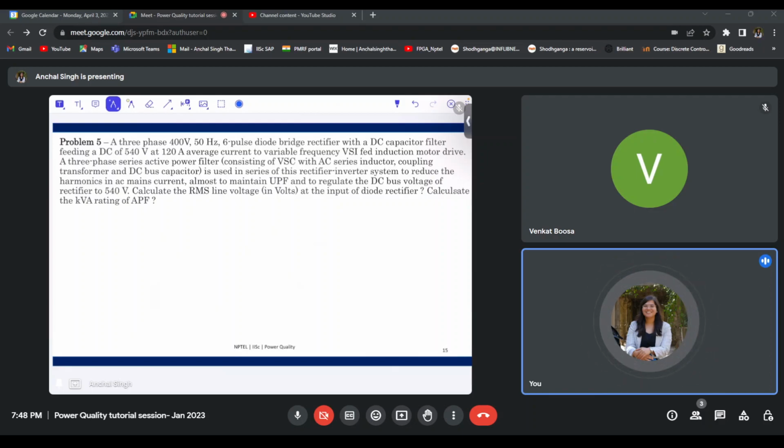A three-phase series active filter consisting of voltage source converter with AC series inductor, coupling transformer and DC bus capacitor is used in series with this rectifier inverter system to reduce the harmonics in AC mains current, maintain unity power factor and regulate the DC bus voltage of rectifier to 540 volts. Calculate the RMS line voltage at the input of the diode rectifier and calculate the kVA rating of the active power filter.